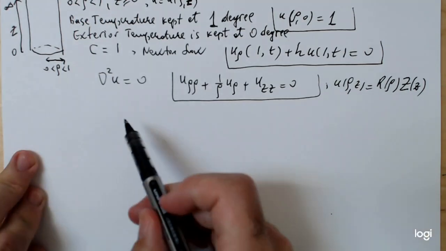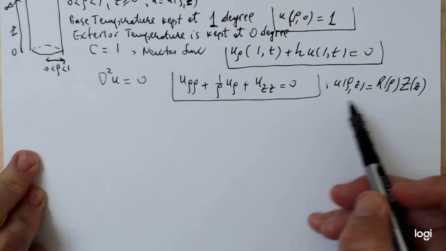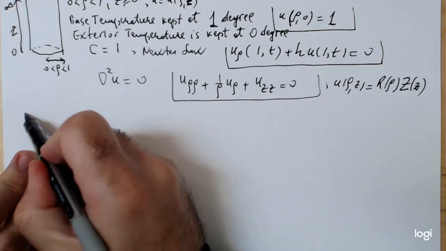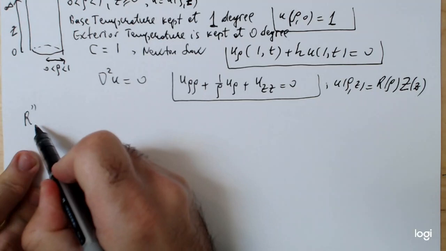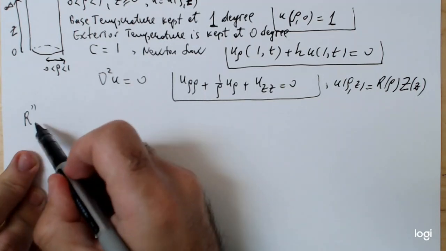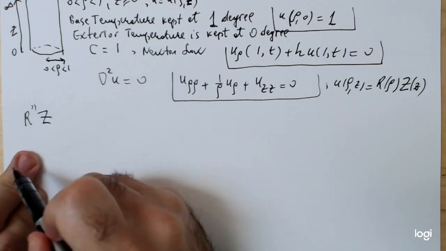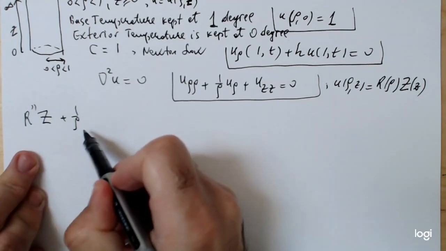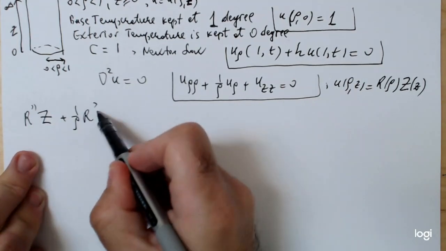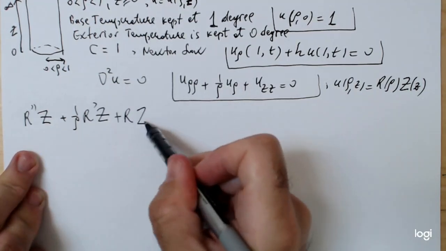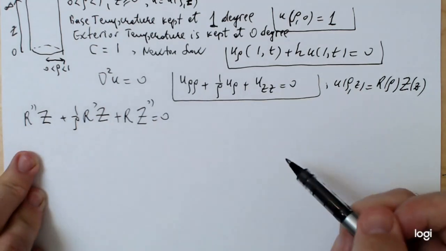And plug in the product form everywhere in the problem. So the PDE becomes R double prime, I'm not going to say of rho anymore because it's implicitly understood, times big Z, plus 1 over rho R prime big Z, plus R Z double prime equal to 0.